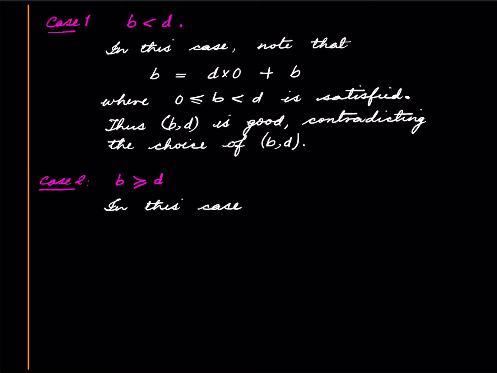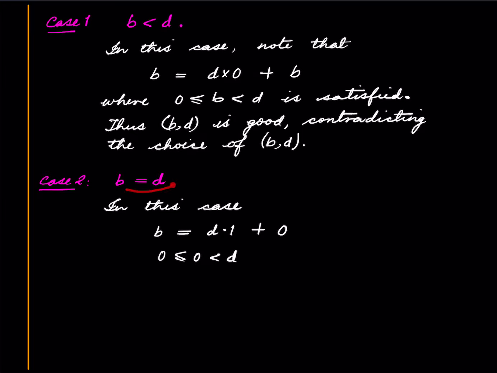In this case, okay, so let me partition this into two parts so that there is no confusion. Strictly less than D, equal to D, and greater than D. We'll do three cases. So if B equals D, then B is equal to D into 1 plus 0, where again, 0 is less than or equal to 0 is less than D because D is a natural number.